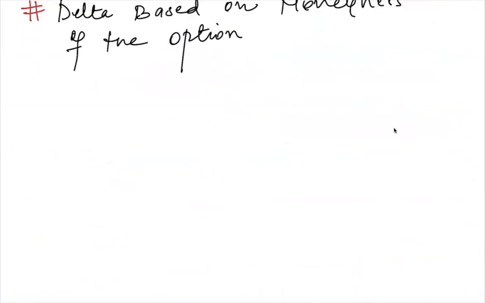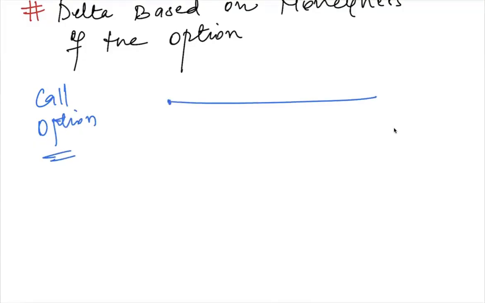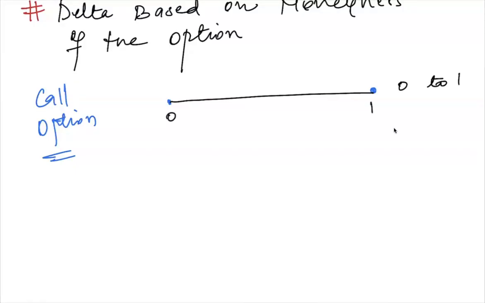Guys, can you tell me, for a call option, what was the delta? Yeah, that's correct. It's between 0 and 1, right? So in here we see 0.5.